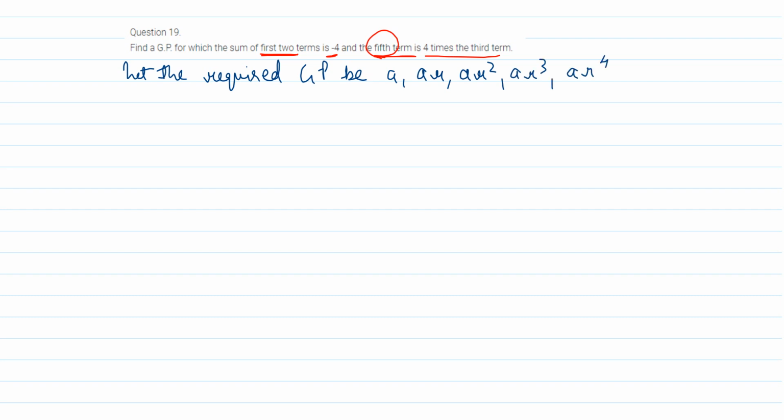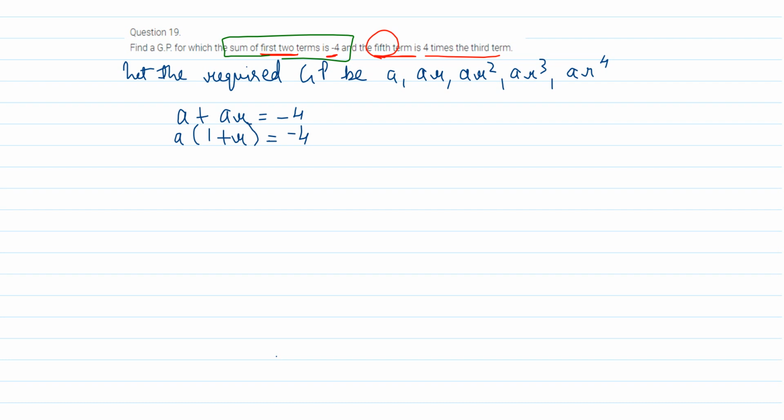The first condition is that the sum of the first two terms is minus 4, so a plus ar is equal to minus 4. Bringing a common, a into 1 plus r will be equal to minus 4.